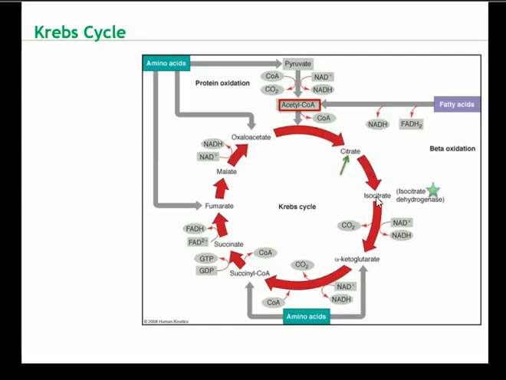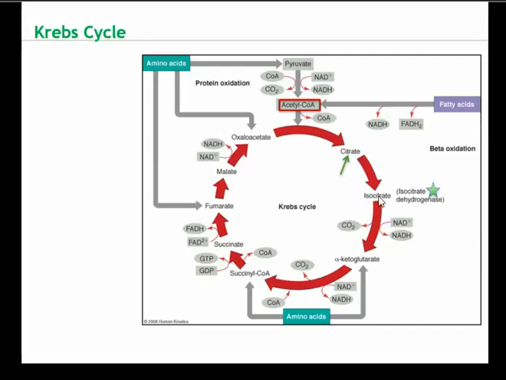And then step 3 is isocitrate to alpha-ketoglutarate. From isocitrate, it's going to be oxidized, producing a 5-carbon alpha-ketoglutarate. We lose a carbon group here, and the carbon combined with oxygen, and now we have CO2, which is a byproduct that we can just exhale. 2 electrons are also reduced to NADH.